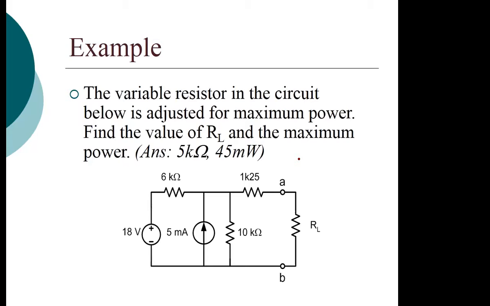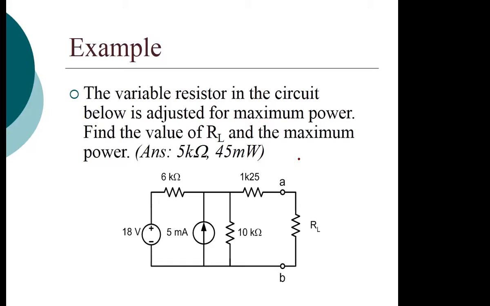First, you see that your 6 will be in parallel with your 10, so I can say R1T will be 6 times 10 over 16 kilo ohms. It is about 60 over 16 kilo ohms, and you get 15 over 4 kilo ohms. I can leave it like that.